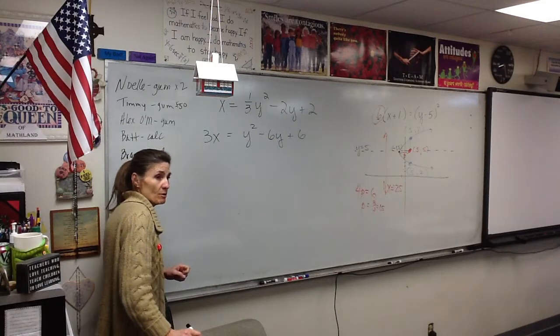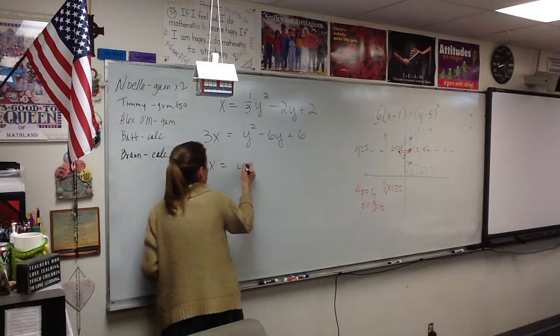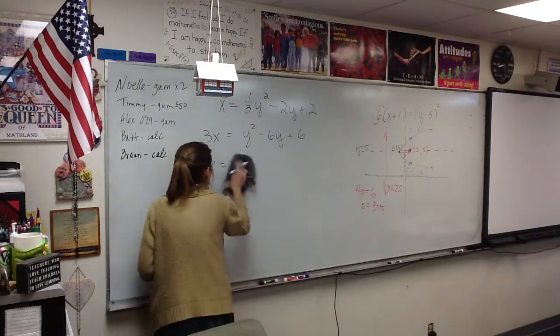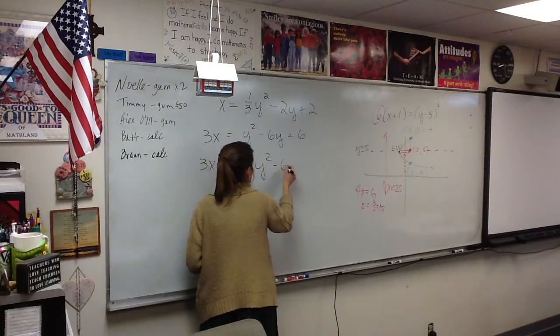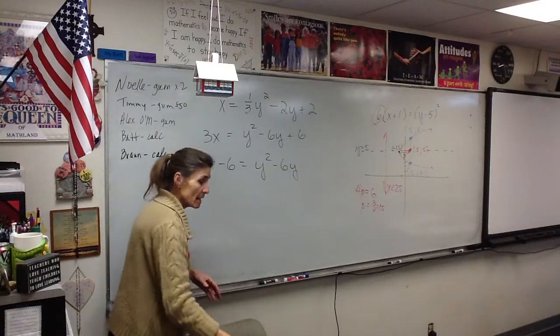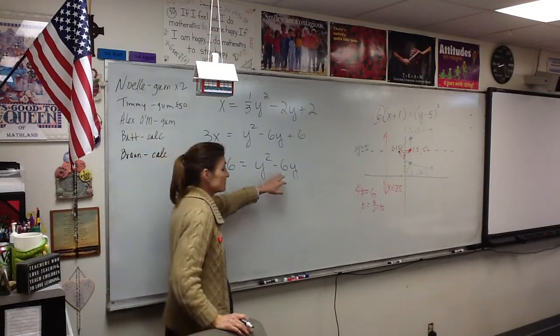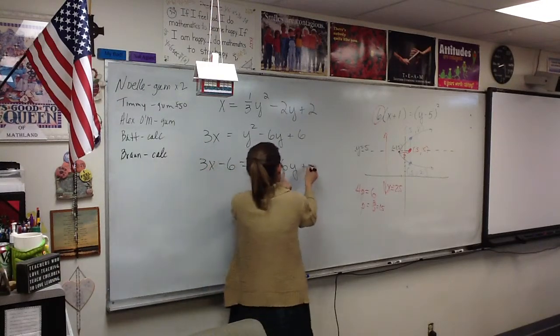Now what do you think we might do next? Subtract 6 on the other side. Good idea. Subtract 6. Now, are we ready to complete the square? Half of 6 is 3, squared is 9, so I add 9 to both sides.